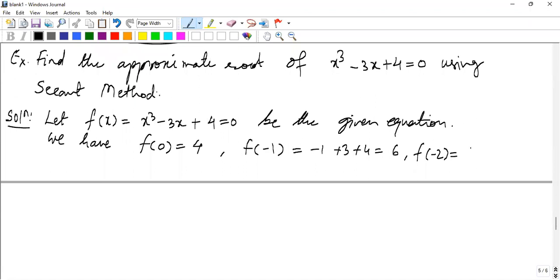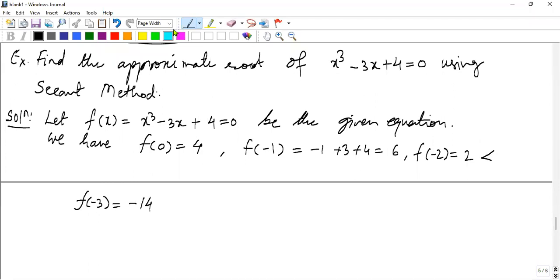What is the value we are getting here? 2. It's going to be 2. So then 4 and 6, this 2 is going to be closer to 0, right? Okay. So what is f of minus 3? Minus 14.